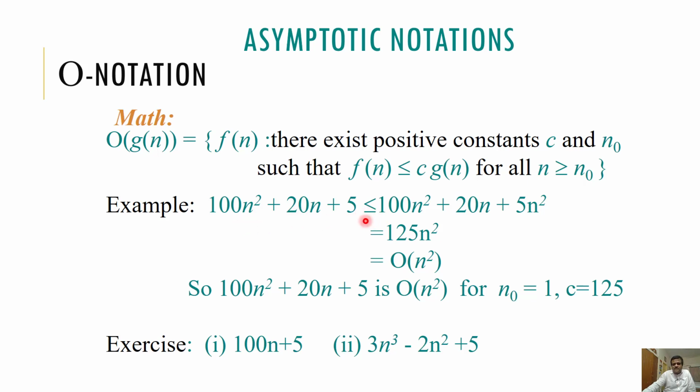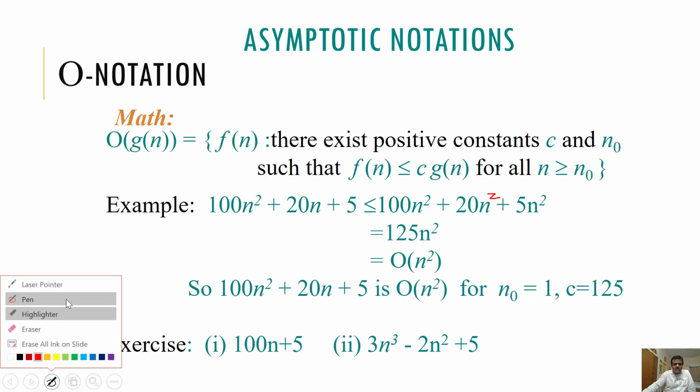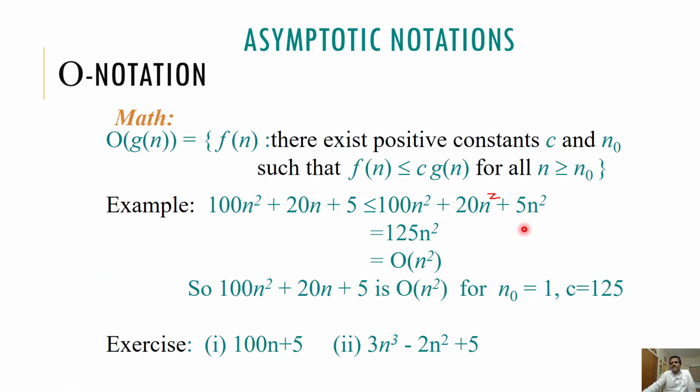We take this one, this is less than 100 n square, plus 20 n square, plus 5 n square, because n is a natural number. n is the number of inputs, the array size. So, n starts from 1, 2, 3 up to this. So, n is greater than or equal to 1. So, this condition is satisfied.